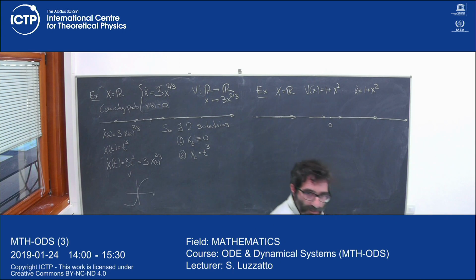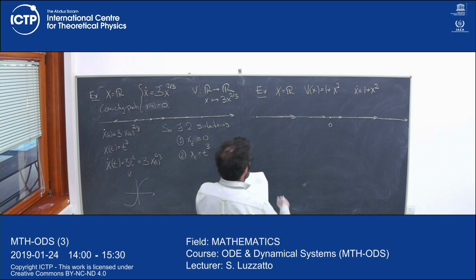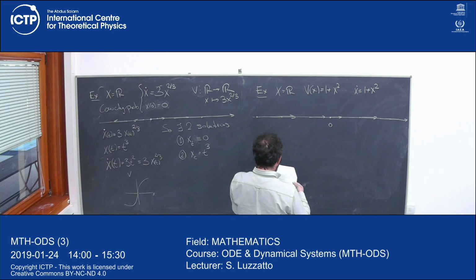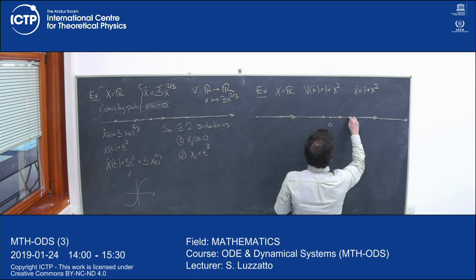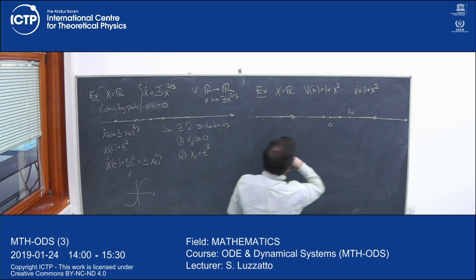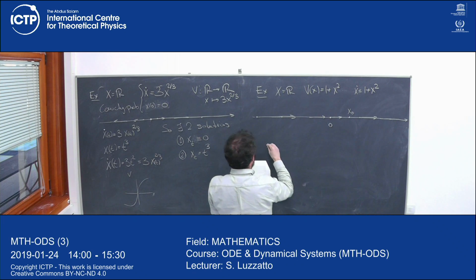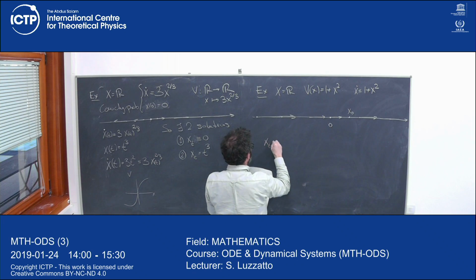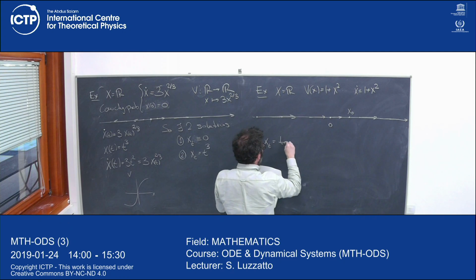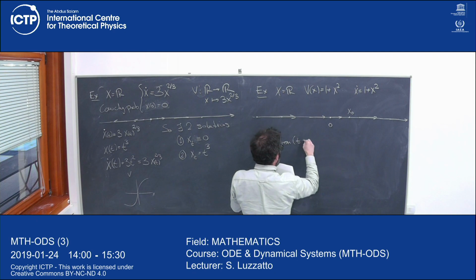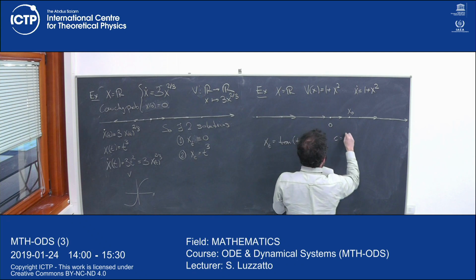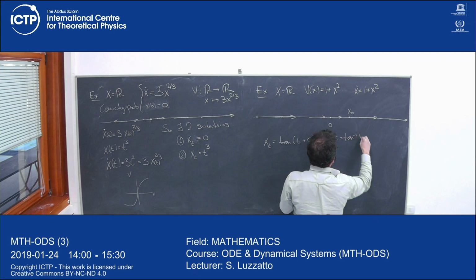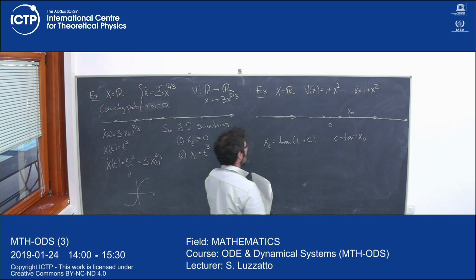Exactly, so the solution, you can easily check, is that for any initial condition x0, the solution is x of t equals tan of t plus some constant c, which is related to the initial condition, so c equals tan minus 1 of x0. This is a solution.